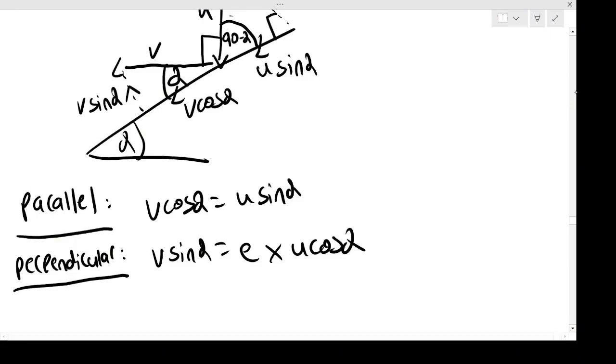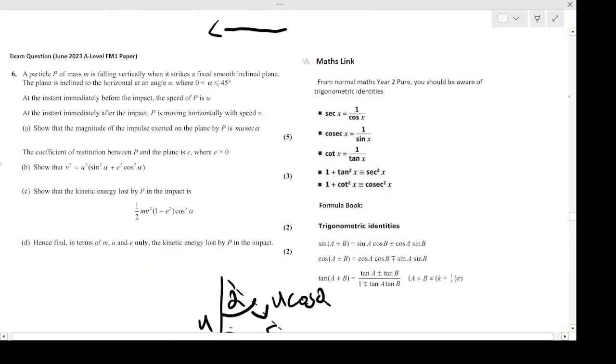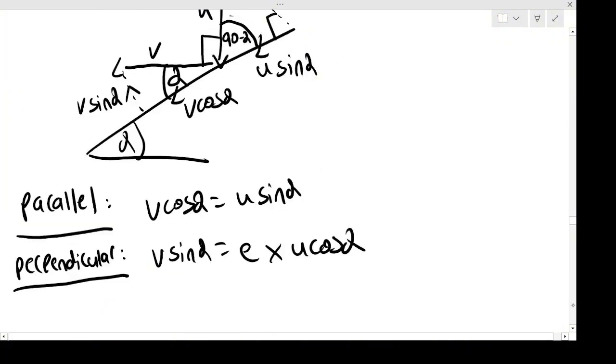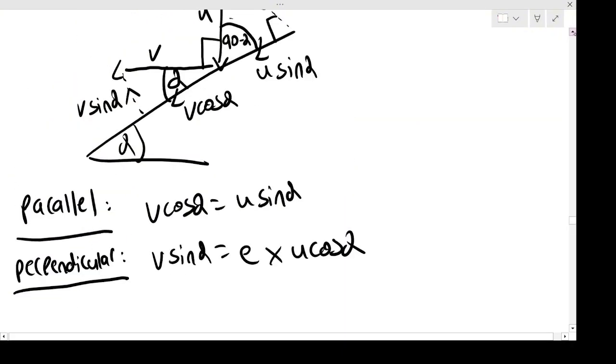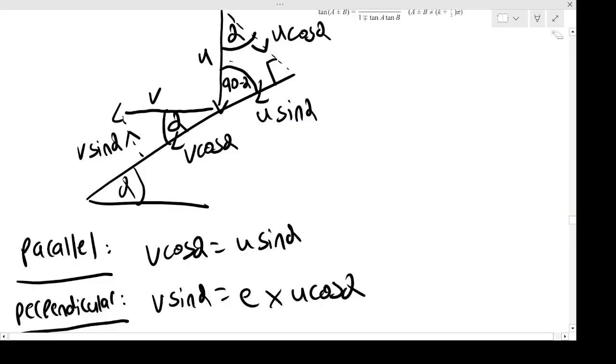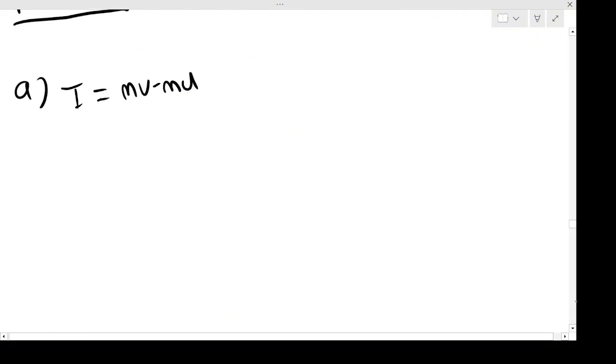Right. So it's asking me for impulse, right? So let's consider the impulse then, right? So impulse I again is mv take away mu. Now remember, impulse is going to act like this, right? Perpendicular. So because impulse is perpendicular, again, that's going to mean we need to consider the perpendicular speeds.